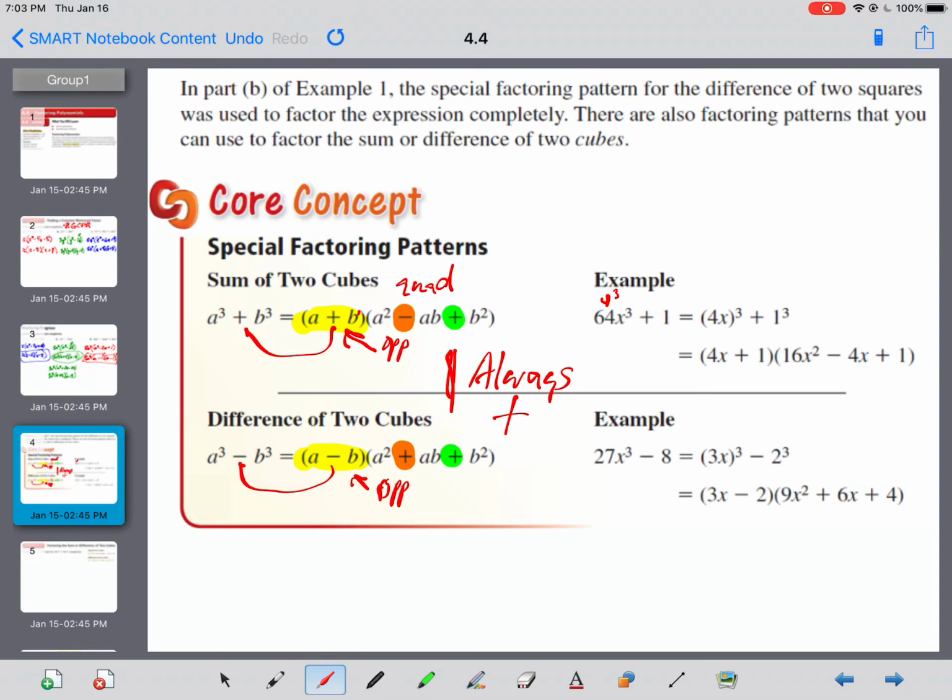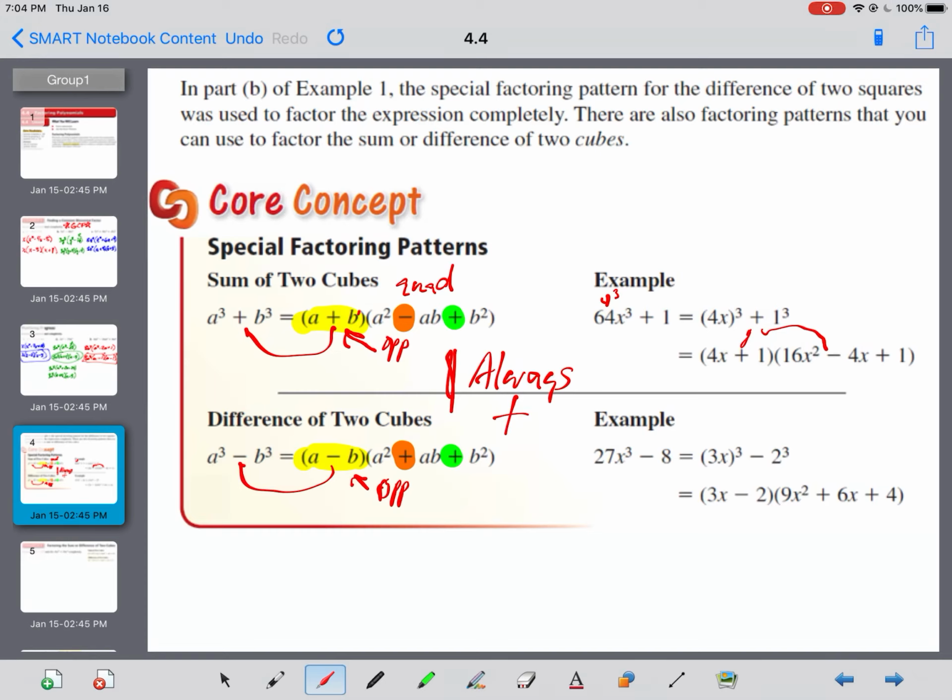And so the first parenthesis, it gets a 4x and a 1 as a plus to match up. And then our next sign is going to be opposite. 4 squared is 16, and then x squared is x squared. 4x times 1 is 4x. And then our last one is 1 squared, which is a 1.